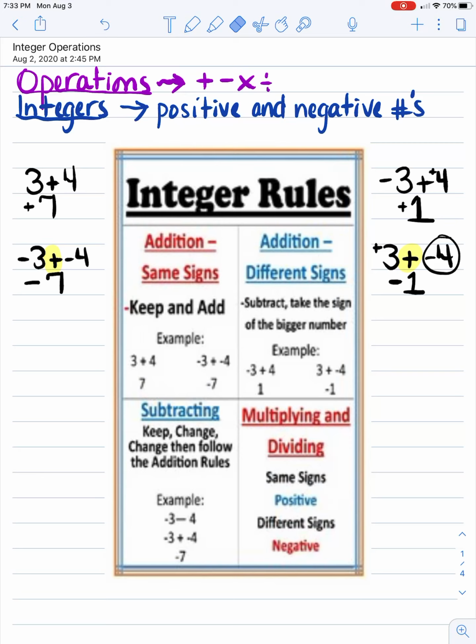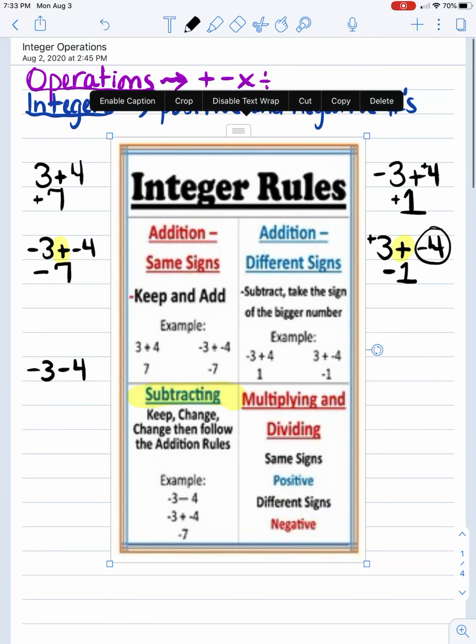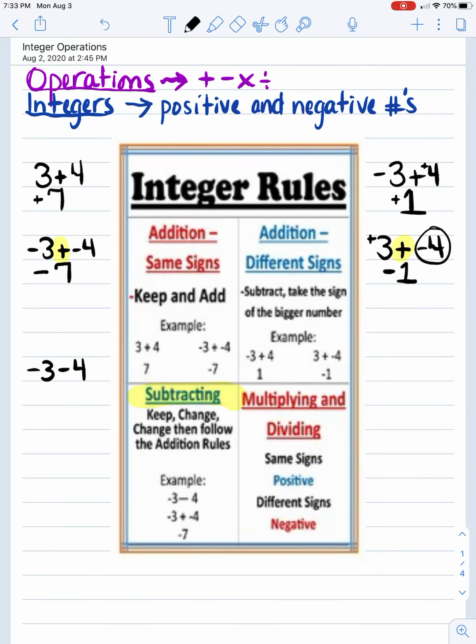So now let's take a look at what we do if we have a subtraction sign. Well, the rule says, if you look at the subtraction rules, you keep, change, and then follow the addition rules. So let's practice this. The first example they give us is negative 3 minus a positive 4. So the rule says keep, change.